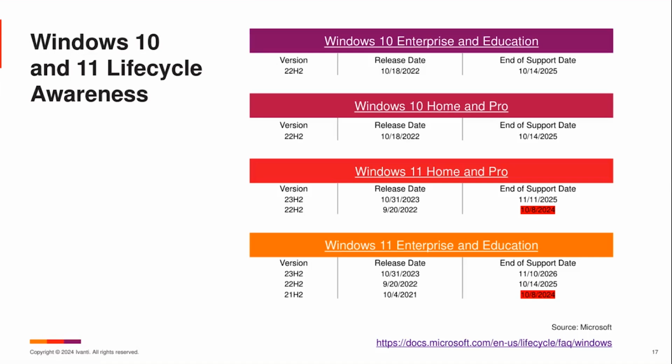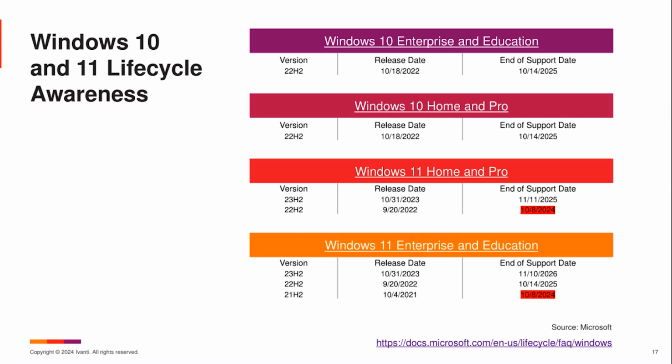And Windows 10 and Windows 11 lifecycle awareness. So if you take a look at the 22H2, this was the final security update for Home and Pro editions. And for 21H2, this month again was the final security update for that. So October was the last security update for that.